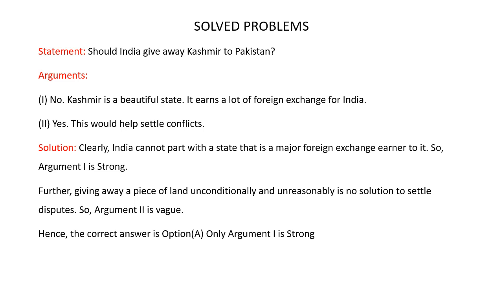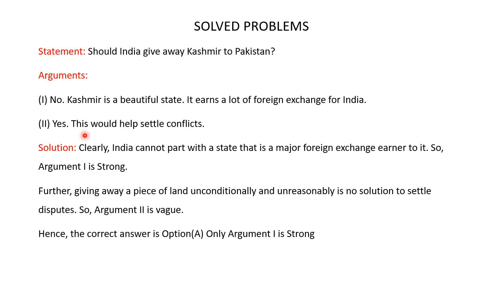Let's look at argument 1. It's given in argument 1 that Kashmir earns a lot of foreign exchange for India. So clearly India cannot part with a state that is a major foreign exchange earner to it. So argument 1 is strong. Let's look at argument 2.